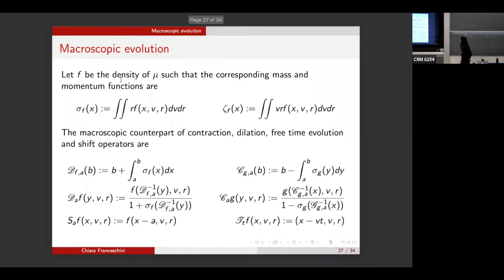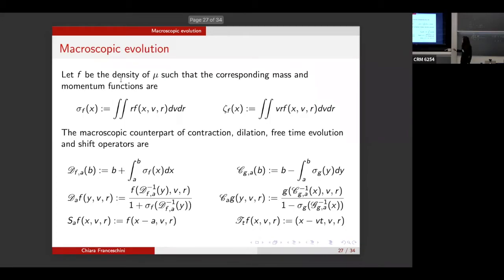It's the double integral of r times f and the double integral of vr times f, respectively. And then the dilation of a point B with respect to a point A is precisely B plus the mass you have between the points A and B. Similarly, the contraction map. And then the shift, again, has a similar form. And so the free time evolution as before.